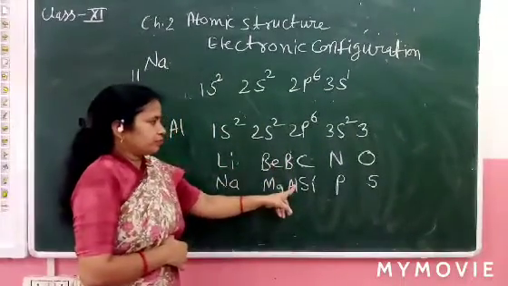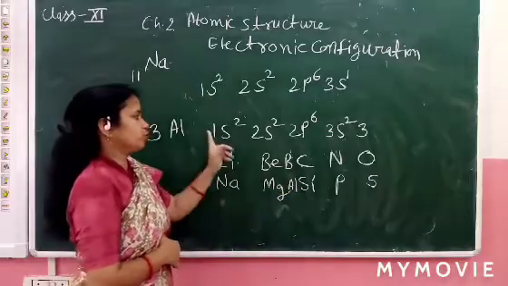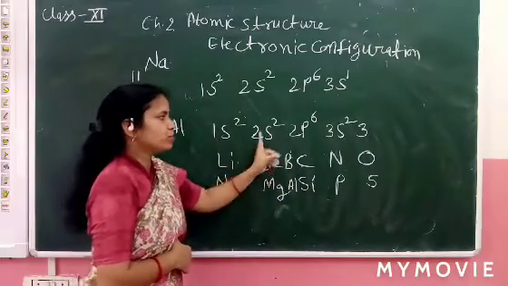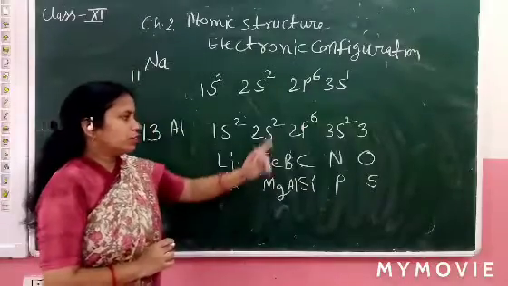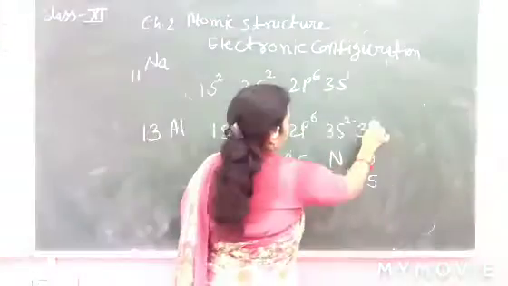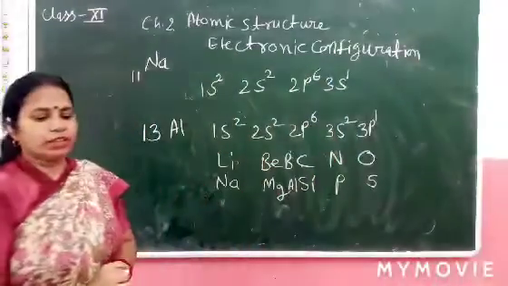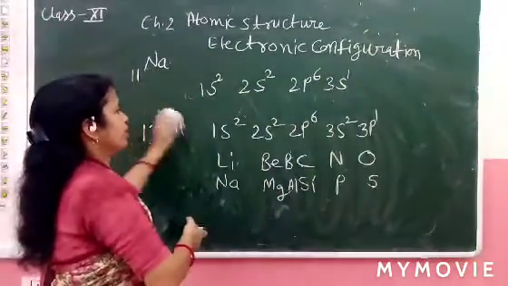Here is aluminium. So 1s2, 2s2, 2p6, 3s2 and now 3p1. Like that. So you have to solve different examples.